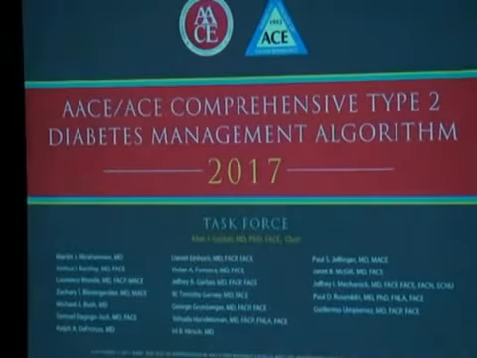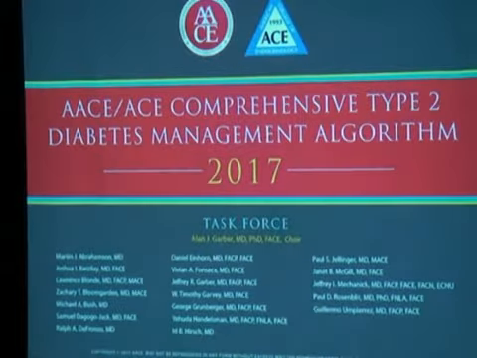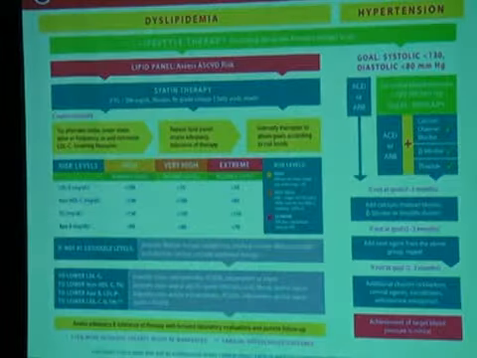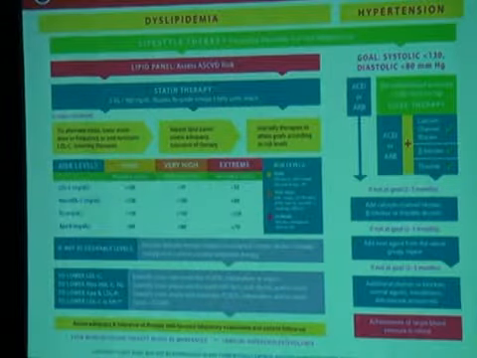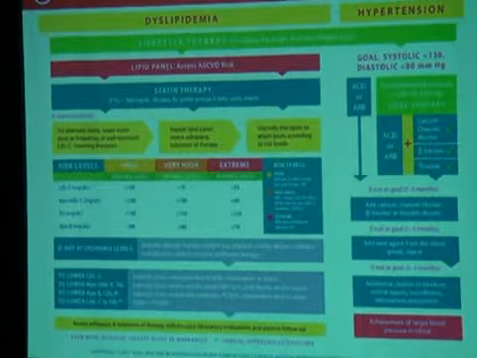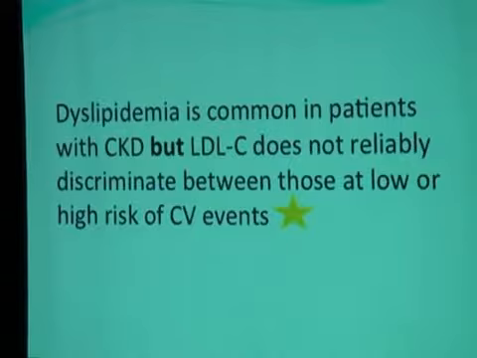And according to the guidelines 2017, for patients at extreme high risk, if you look at the LDL cholesterol, the new recommendation is to bring it to less than 55. But again, this is different in our case because dyslipidemia is common in patients with CKD, but LDL cholesterol does not reliably discriminate between those at low or high risk of cardiovascular events.